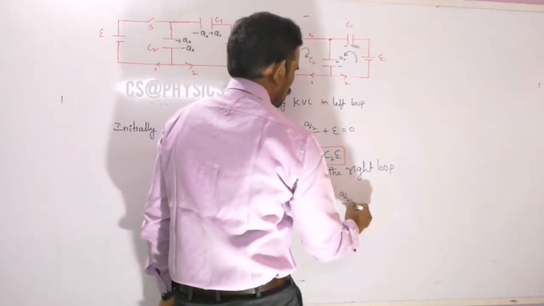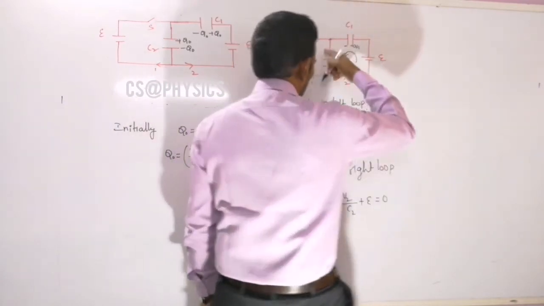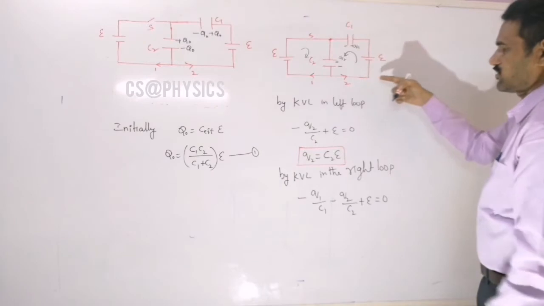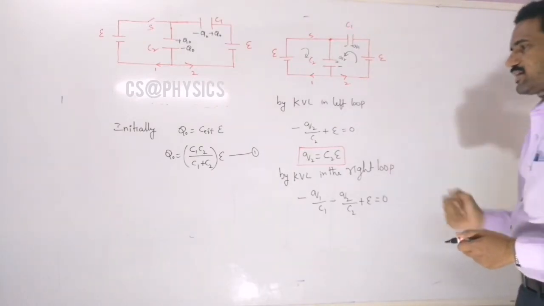So minus Q2 by C2 plus E is equal to 0 when traveling along this direction. That is our second law, the Kirchhoff law for the second loop.